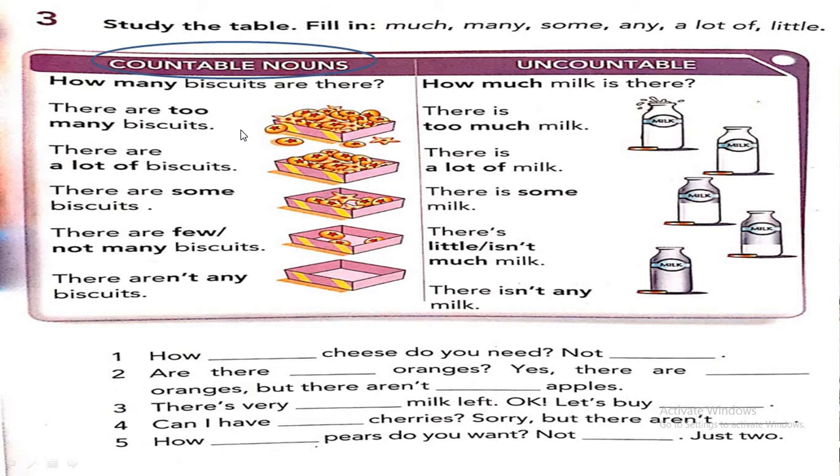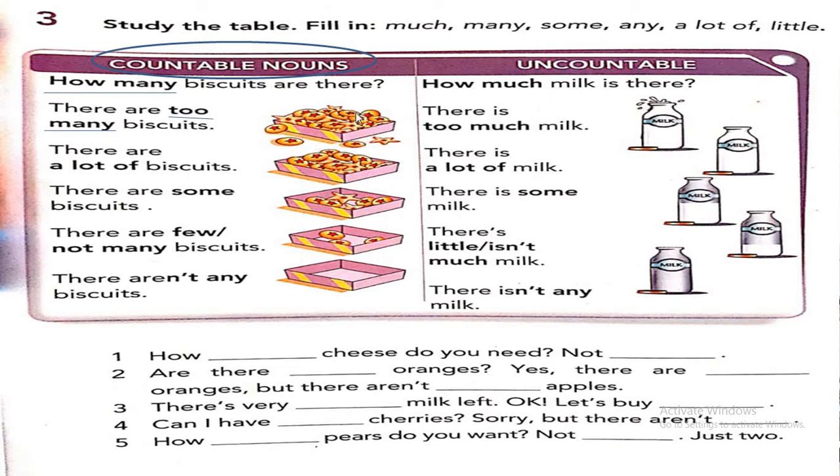We have, how many biscuits are there? There are too many. With countable nouns we ask with how many. So the answer is, there are too many. Look at the picture.